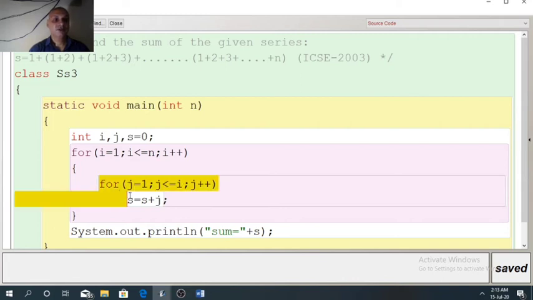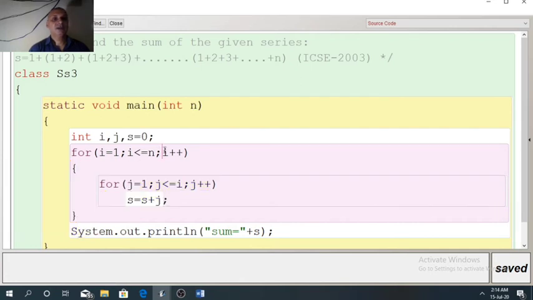Now the inner loop is over. It means this inner loop has run only one time, because in the first term we had only one element and that element was 1, that is added in s.